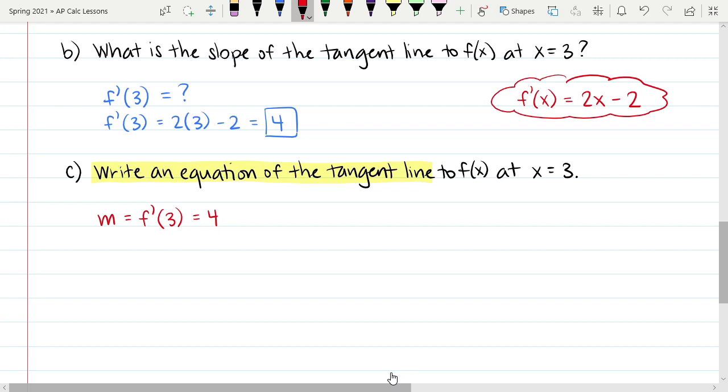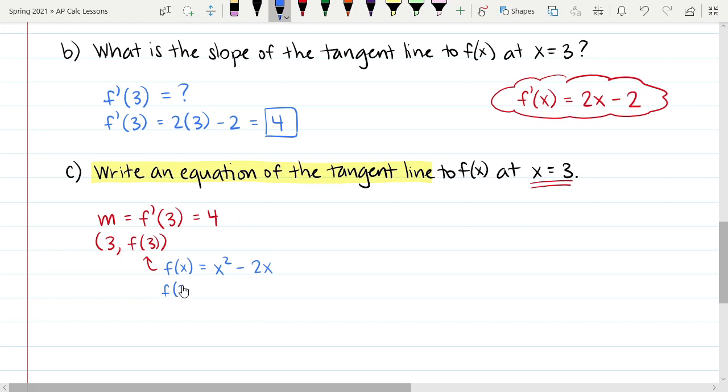To find the equation of a line, though, in addition to the slope, we need to know a point on the line. Specifically, we need to know the point where our tangent line intersects the graph. So that means our point has to be 3, comma, f of 3. So we need to figure out what f of 3 is. Now remember, the original function was x squared minus 2x.